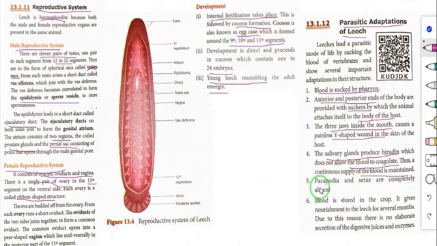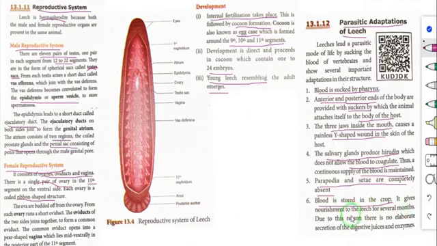Parapodia and setae are completely absent. Blood is stored in the crop. In which region is blood stored? In the crop, which has 10 chambers. Inside the crop, the chambers as well as the diverticular region, the blood is stored.